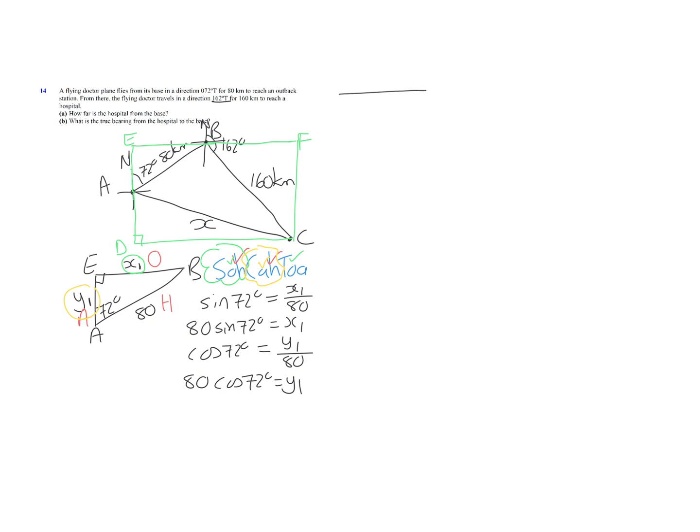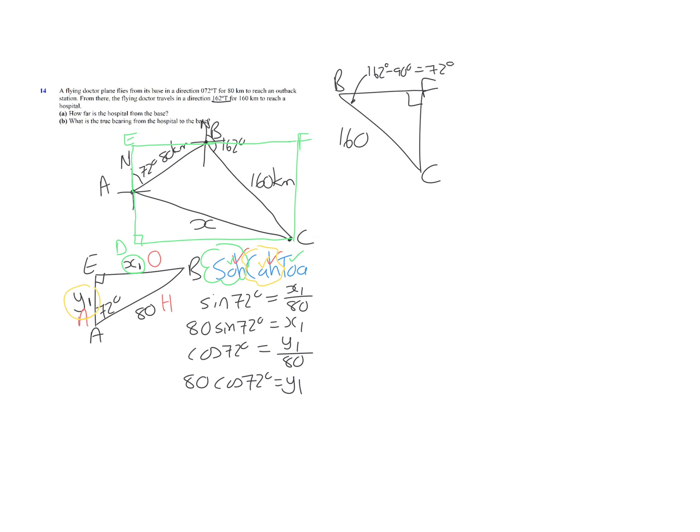So B, F, and C. F is where the 90 degrees sits. I know the hypotenuse is 160. And now I want this inner angle at B. And that would be 162 take away 90. So 162 degrees take 90 degrees is 72 degrees.